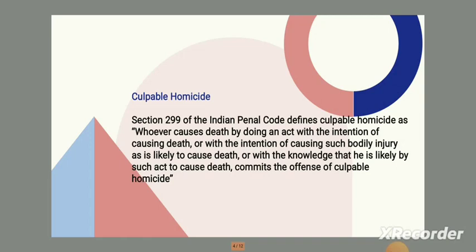Section 299 of the IPC defines culpable homicide as: whoever causes death by doing an act with the intention of causing death, or with the intention of causing such bodily injury as is likely to cause death, or with the knowledge that he is likely by such act to cause death, commits the offense of culpable homicide.